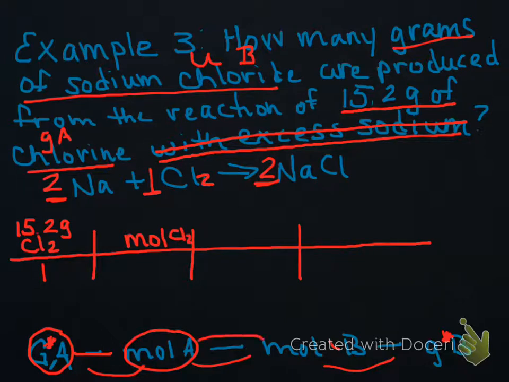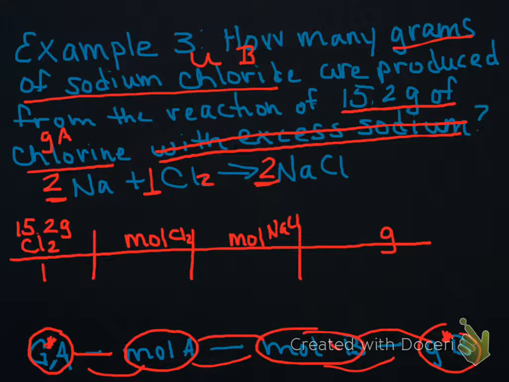What's the next step in the mole map? Moles of B. So moles. What is B in this? B is our unknown, in this case, sodium chloride. And then finally, our last step in the mole map is grams of B, so grams of our unknown, sodium chloride.